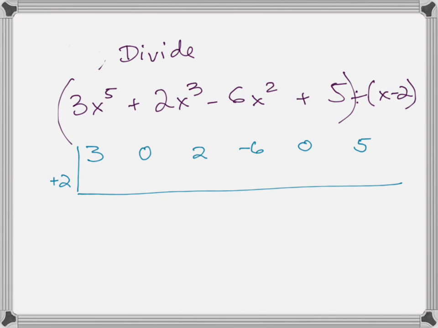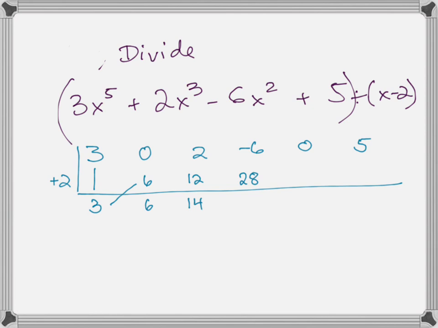Okay, let's see what's going on here. First step is, that's another mistake, they just write 2 down. I've seen it all. 2 times 3 is 6. Plus 0 is 6. 6 times 2 is 12. Plus 2 is 14. 14 times 2 is 28.